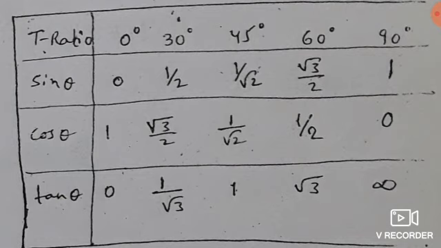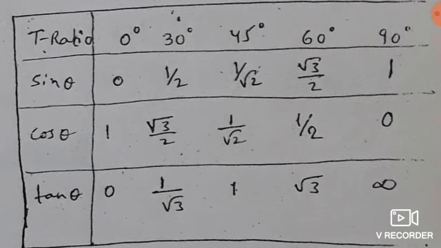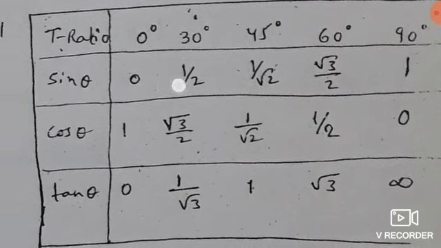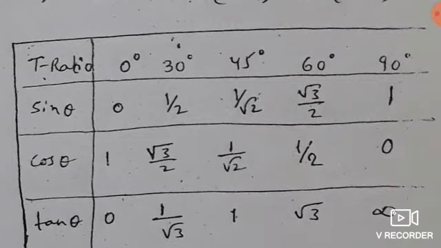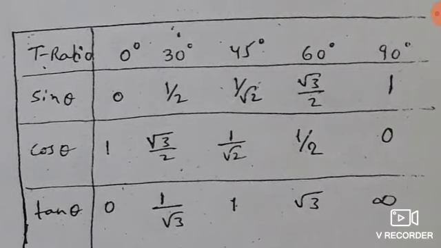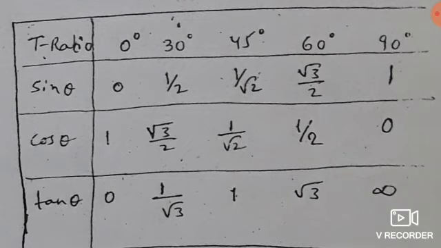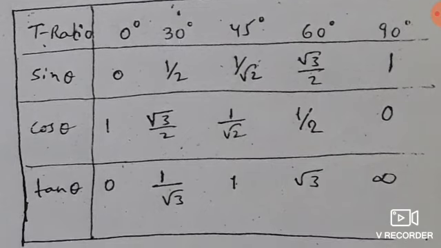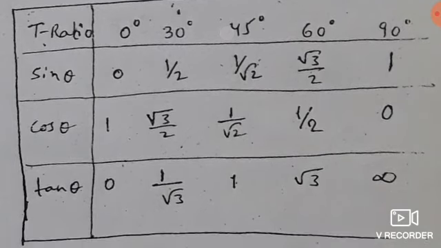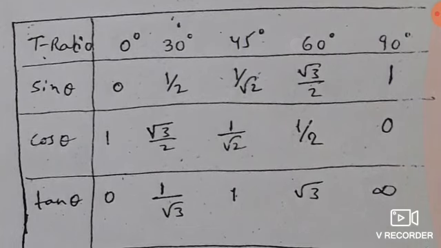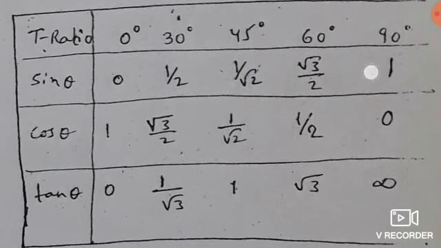You have already discussed this in class 10 also. The values for sin theta are given here: sin 0 degree, 30 degree, 45 degree. For sin 0 degree it will be 0. For sin 30 degree it will be half. For sin 45 it is 1 by root 2. Sin 60 degree is root 3 by 2. Sin 90 degree is 1.